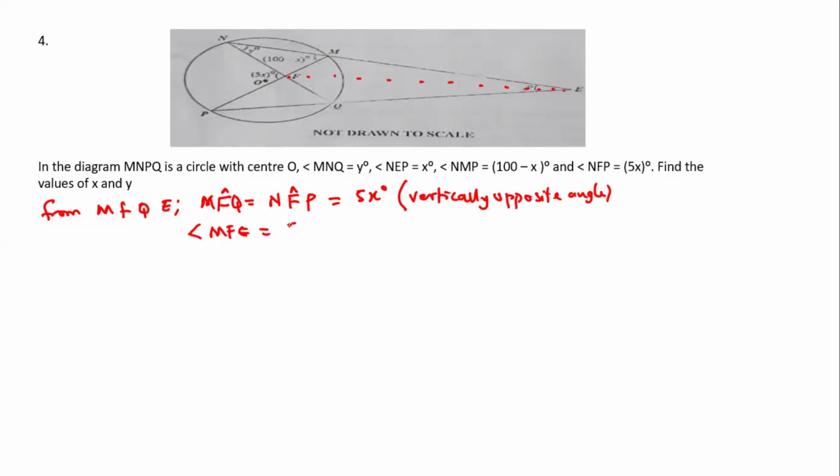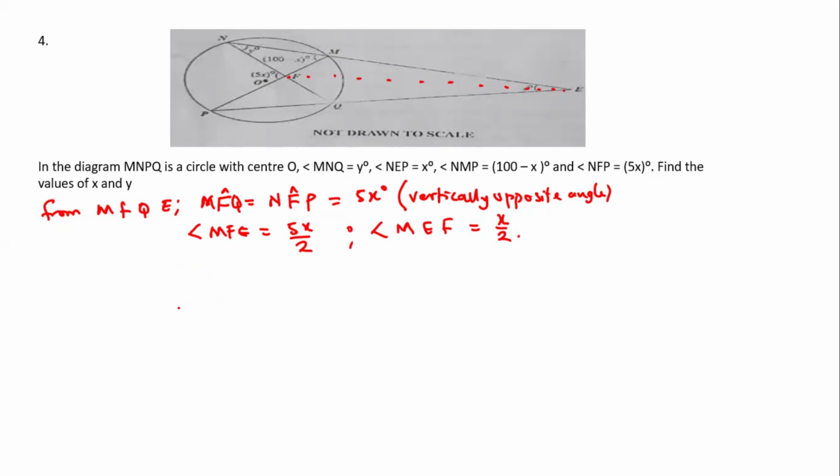Now, from the triangle, your angle MFE is equal to 5x over 2. Remember, we have divided this into two equal parts. And angle MEF is also equal to x over 2.